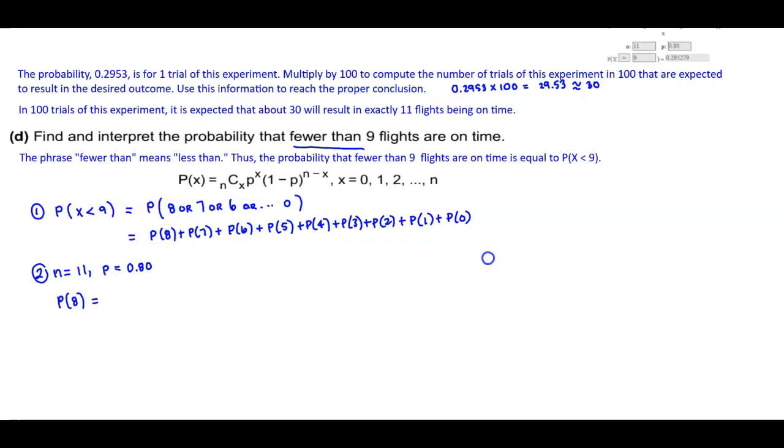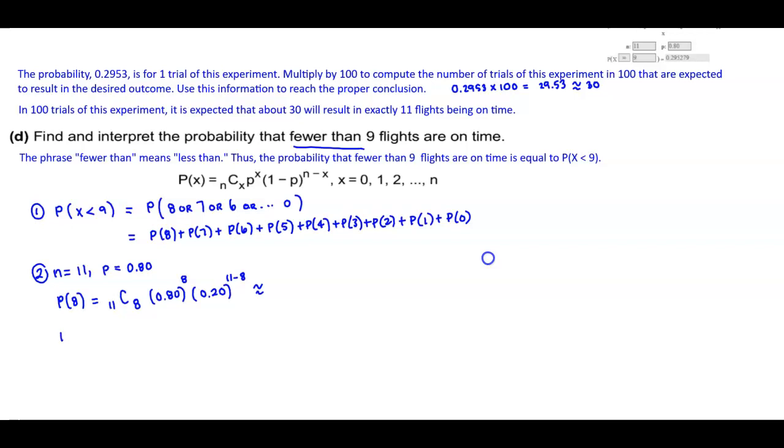The probability of 8 is going to be 11 combination 8, times 0.80 raised to the power of 8, times 1 minus 0.80, which we know is 0.20, to the power of 11 minus 8.